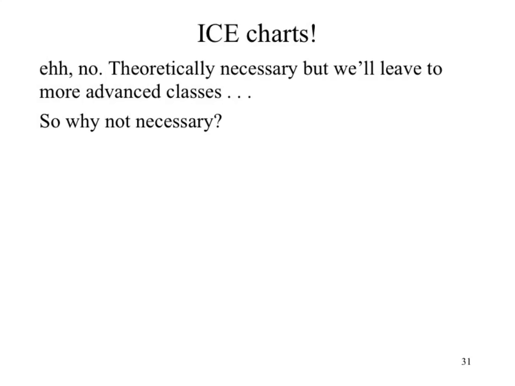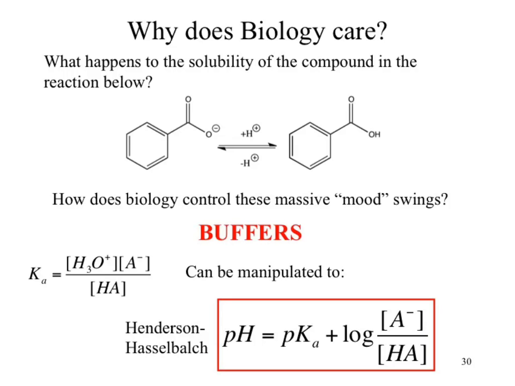What do I mean? Come on, where is it? Somewhere back here. pH lower than our pKa. So let's pick a pH that's low. Give me a low pH. 1. Give me a pKa. Okay, 28 is a bit extreme, but I'll accept that. Plus the log of our A minus over our HA.